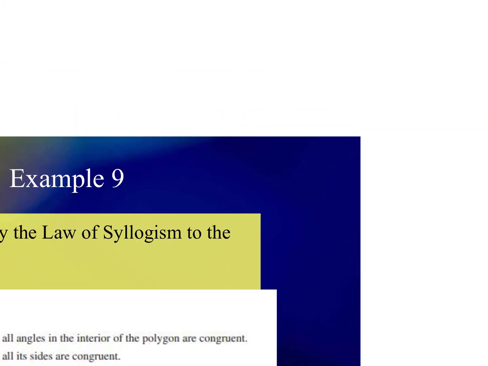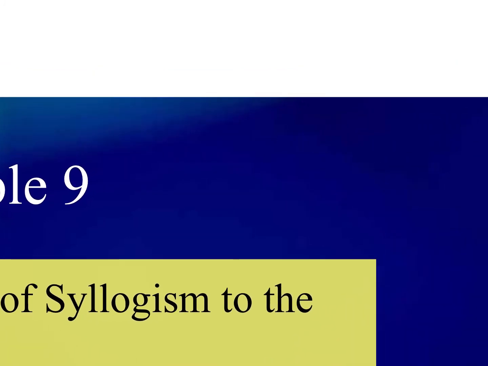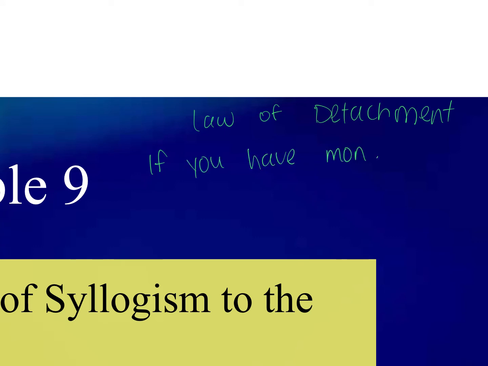I'm going to make up my own problem. Write this down. Add a slide before example 9. Before we go, so you guys understand law of detachment. Law of detachment. Okay, let's say if you have money, then you can go to, I don't know, the movies.